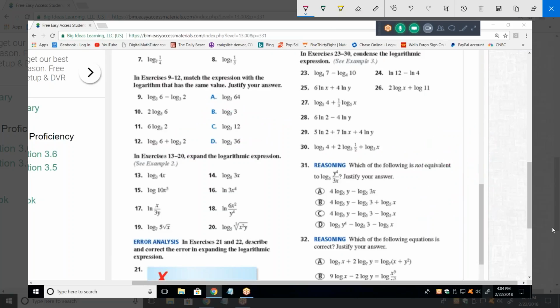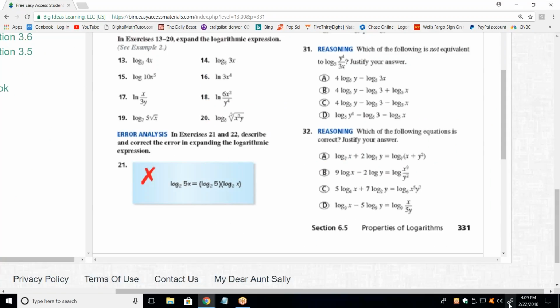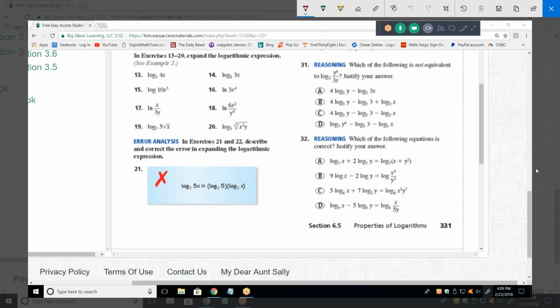31 and 32. Okay, let me scroll down a little bit. See it a little better, I think. Well, the easiest thing to do here is let's take this and see what it turns into, and then we'll see if anything matches.